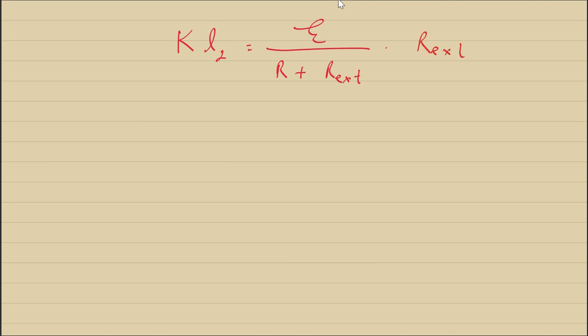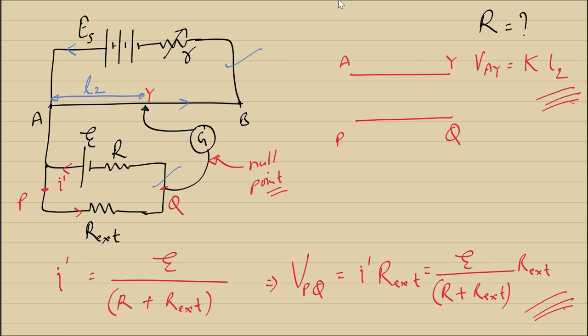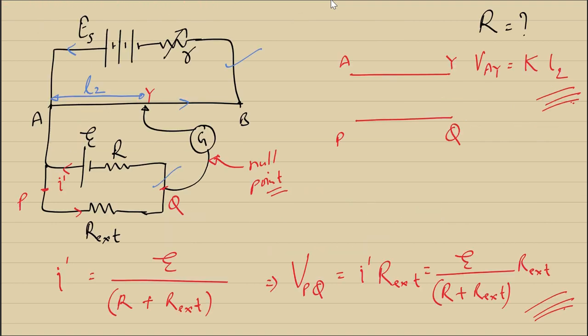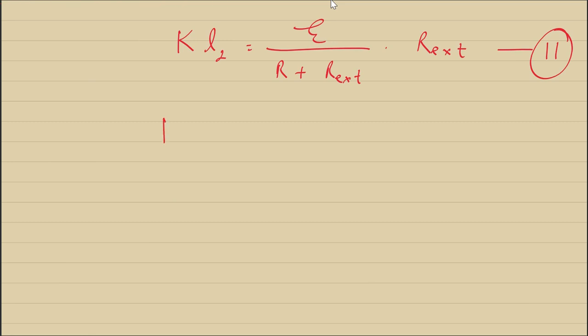This is, say, equation number 2. Now remember, we have also found the value of E using equation number 1. So we are going to use equation 1 now. Finally, in place of E, we can write K times L1. So I am writing K times L1 upon R plus R external into R external.